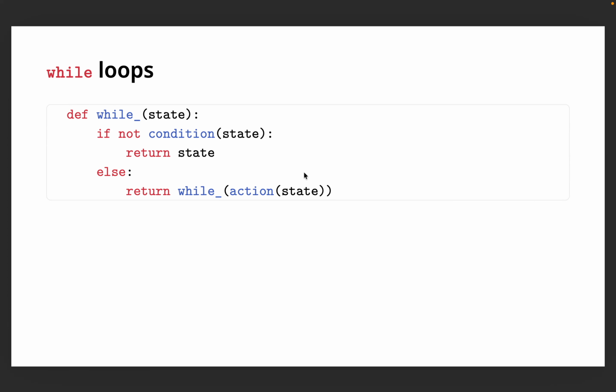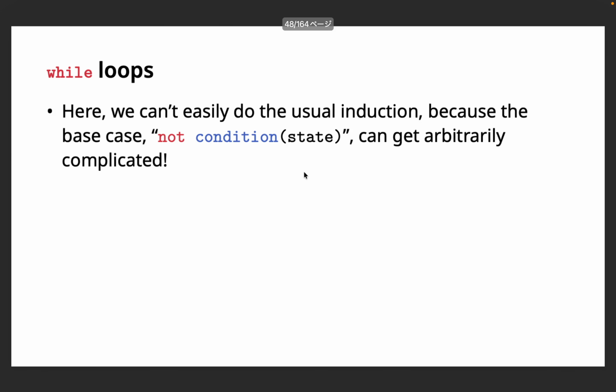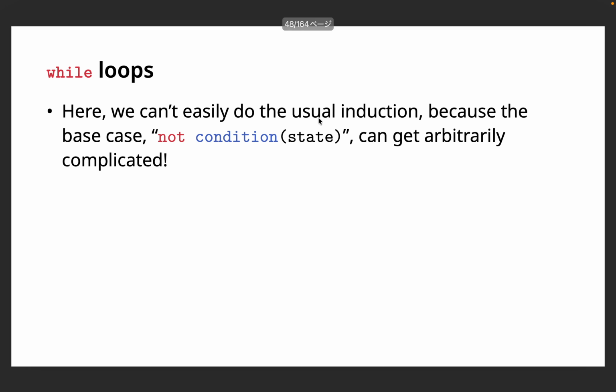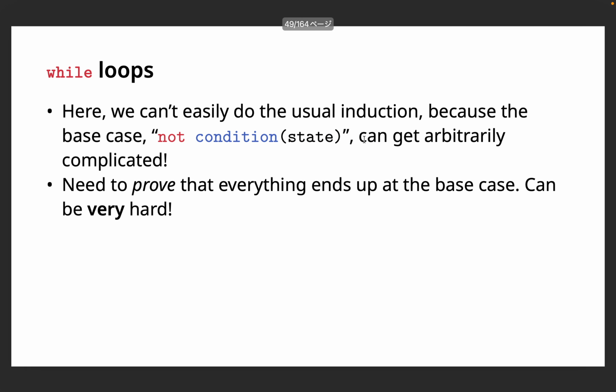So if this is how a while loop works under the hood, then what that means is you don't really know. The point of a while loop is we don't know when this condition is actually going to be true. So it's hard to actually implement this condition function over here, whatever it is. This condition can get very complicated.